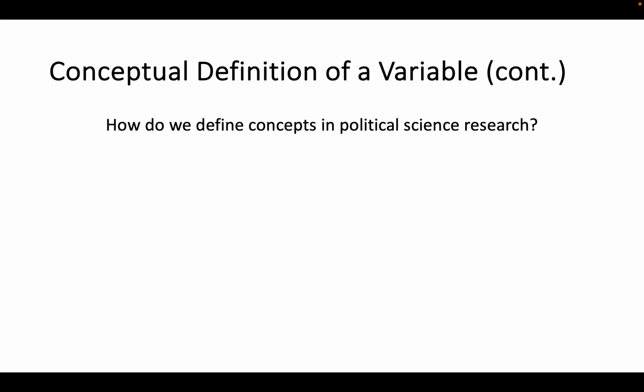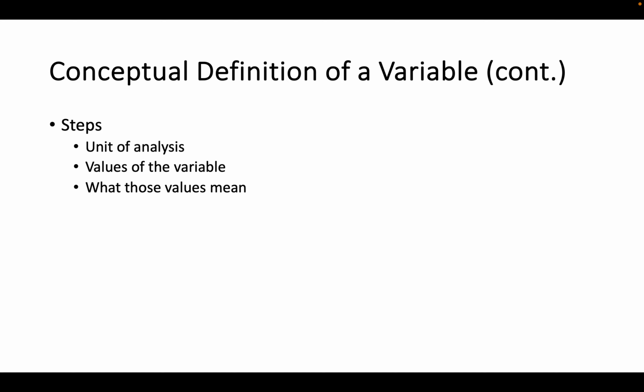So how do we define concepts in political science research? Here are basic steps that we take along the way. The first step is that we have to identify our unit of analysis. We have to identify what it is that we are studying, in other words.